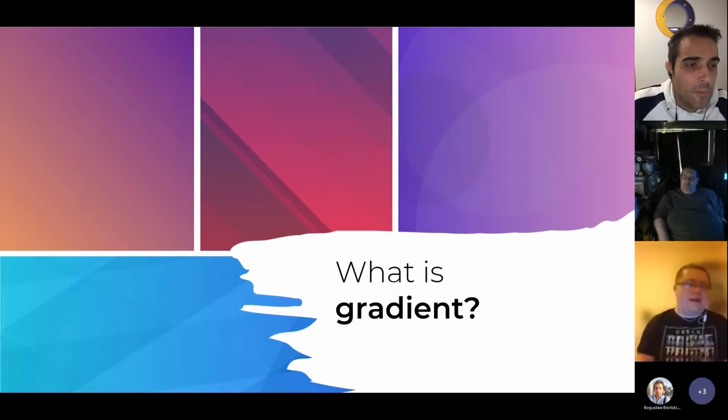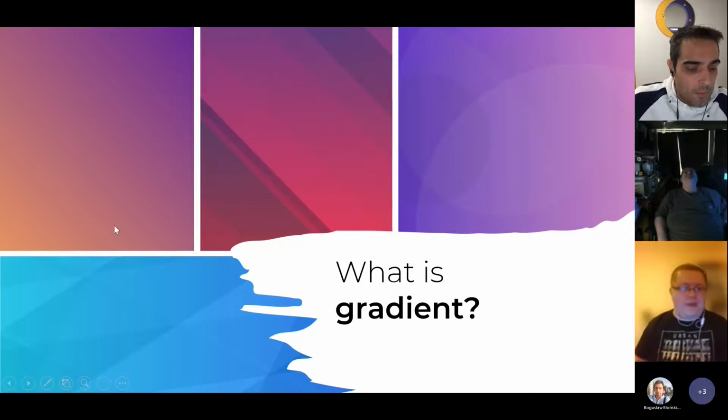Because when we say gradients, most of us see something like what we see here on the left. So simple linear gradients with some colors going from one to another. But a gradient can do something more.